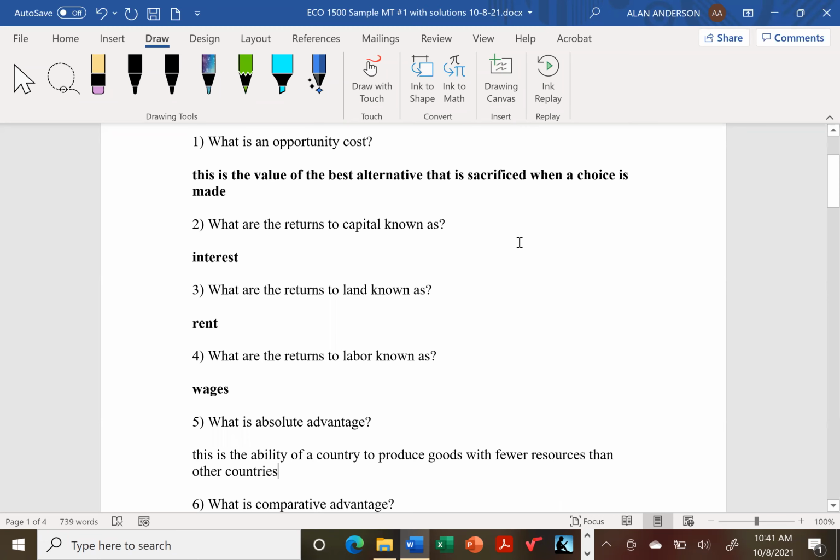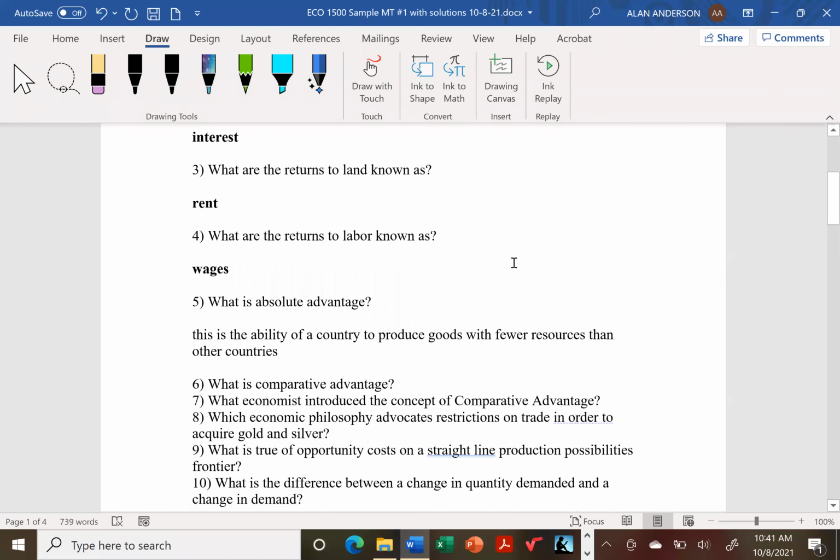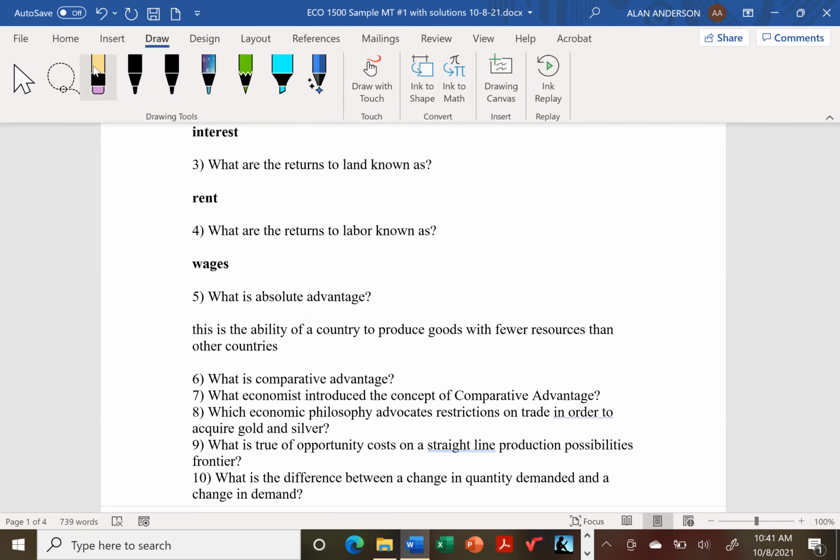So in other words, remember, we saw some examples of this in the slides where let's say the US can make coffee with fewer resources than Brazil. We still might want to buy our coffee from Brazil because of the opportunity cost being so much higher in the US. But as far as the absolute advantage goes, it refers only to how many resources you need to use to make this product.